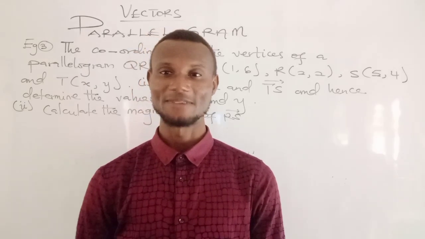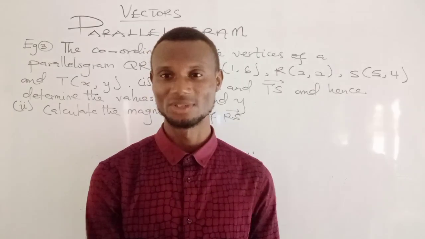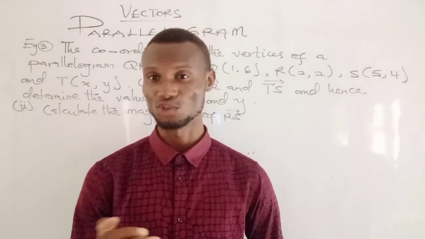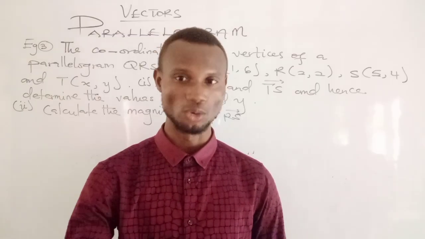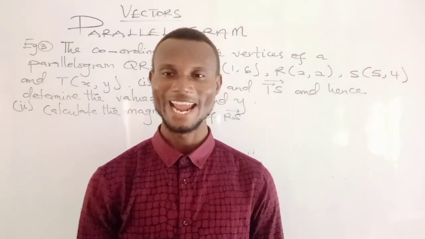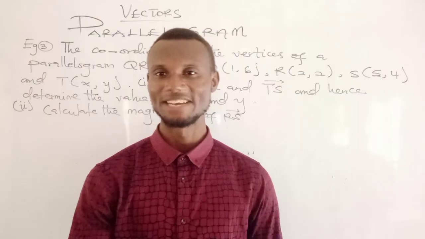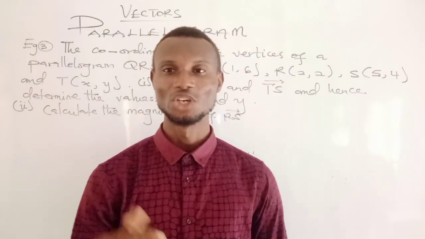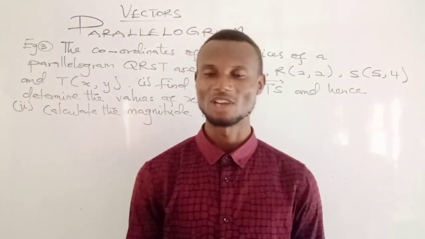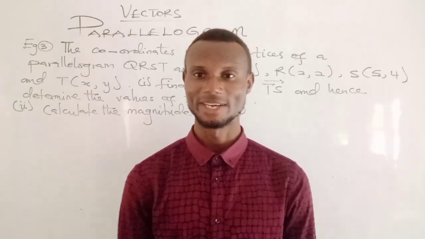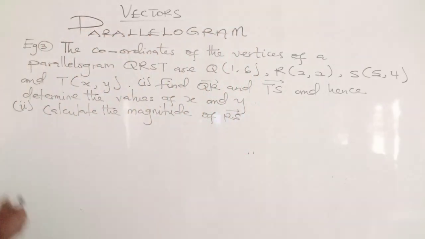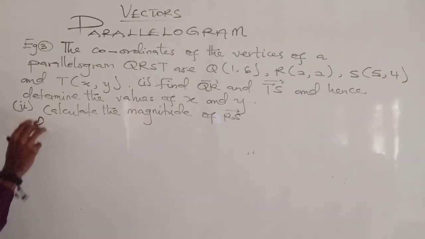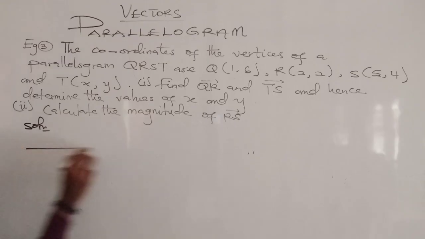I've explained to you from the previous video that the first thing you need to do to solve this question is to draw the parallelogram, and go ahead to label the vertices of the parallelogram using the points that you have been given in the question. So we are going to do exactly that. Let me write down my solution and let me draw my parallelogram.